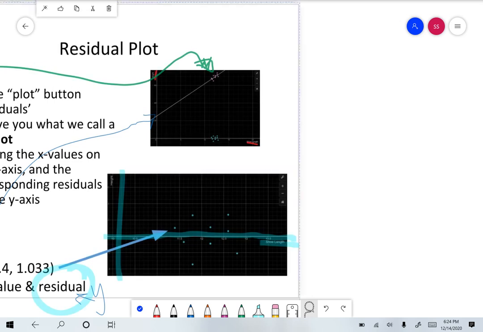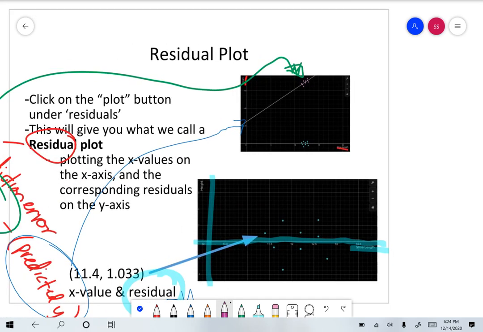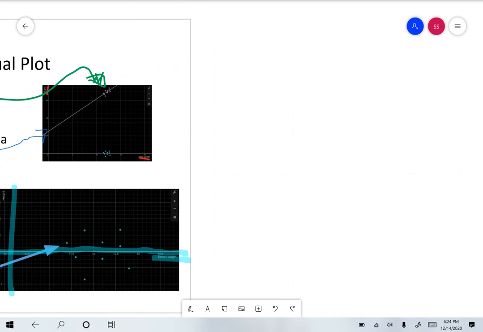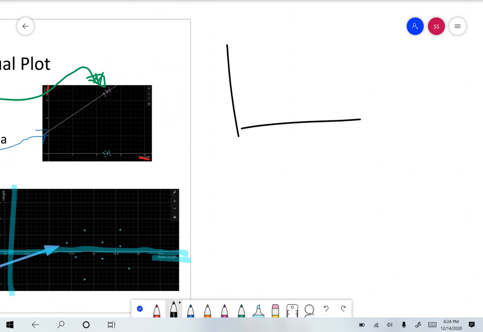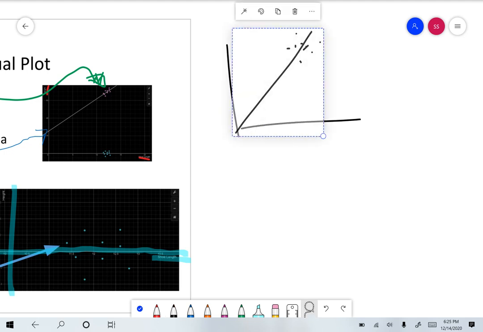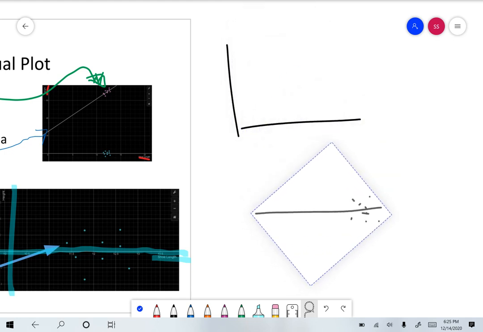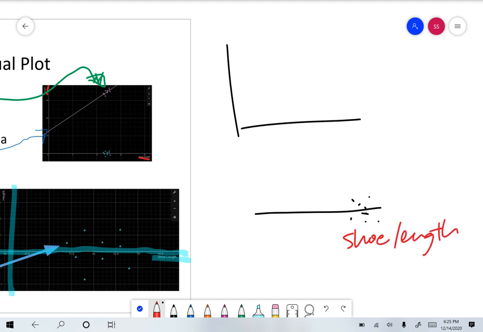It won't tilt for me, so I'll just draw it. We have our data right here, we have our dots. Basically what we're doing is taking that line and turning it like this. And that gives us, again, shoe length, that's still the same value. The x is still the same value, but the y now is the residual, or the error.